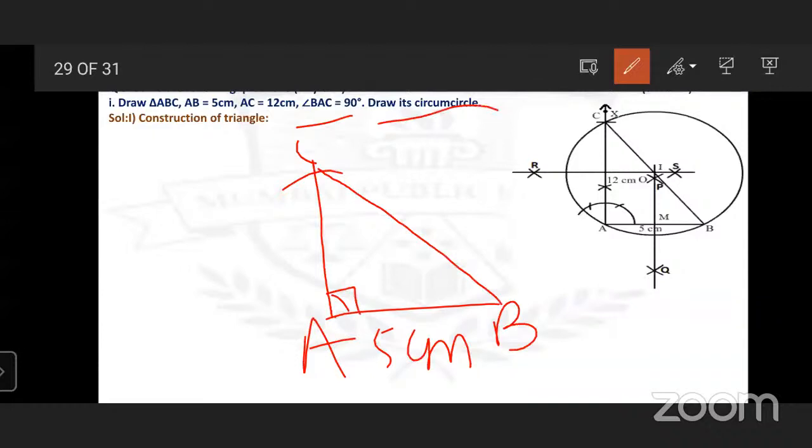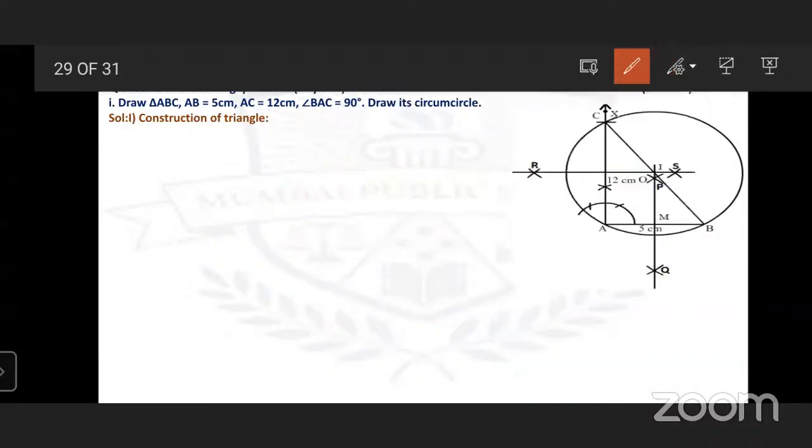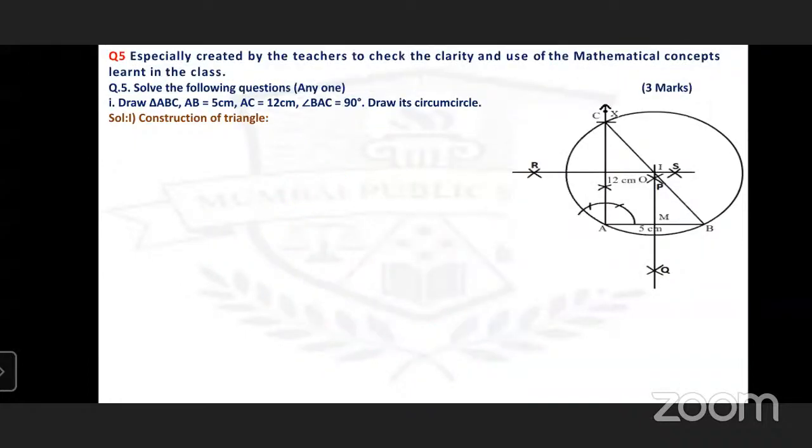See, for the circumcircle we draw the side bisector, and for the incircle we draw the angle bisector. Then we take the side bisector here, again we take the side bisector here, and we get the circumcenter. Then put your divider at this point and draw the circle. Okay, so simple. Now first we write the steps.